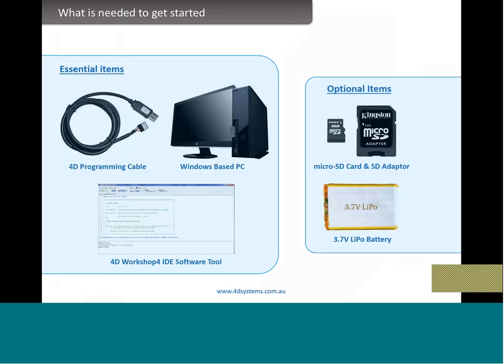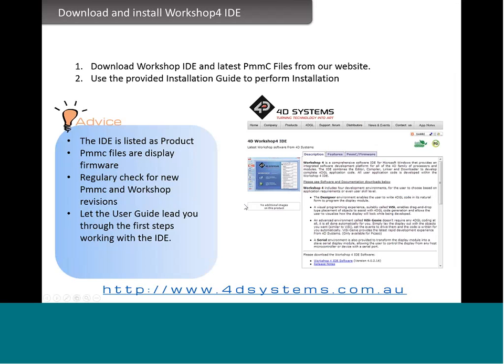What is needed to get started is a programming cable or programming adapter, a Windows-based PC, as well as the IDE. Optionally, you can get micro SD cards, and if you don't have a micro SD card reader, you need an SD card adapter. You can also use a 3.7 volt LiPo battery. It needs to be a single cell LiPo battery, 3.7 volts.